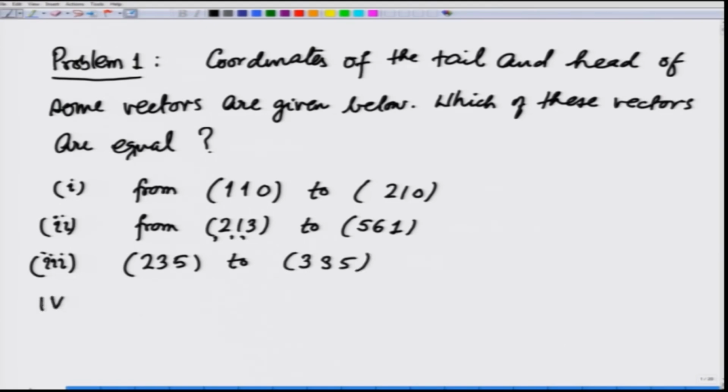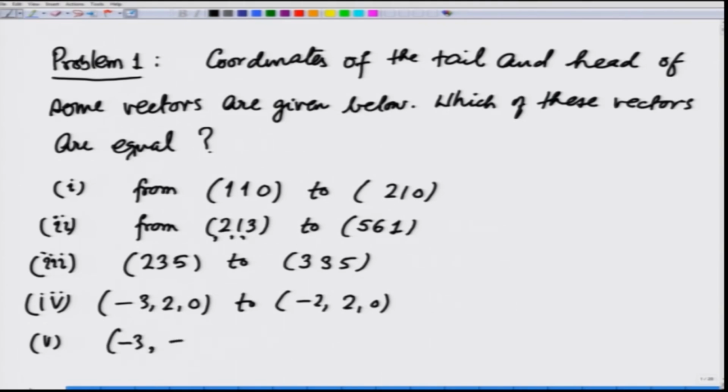Fourth one is from -3 0 -2 to 2 0 3, and fifth one is from -3 -2 -1 to 2 0 3 and -1. Notice that I did not follow the system properly. I should put a comma between these x, y and z coordinates. So, let us look at each of these vectors.